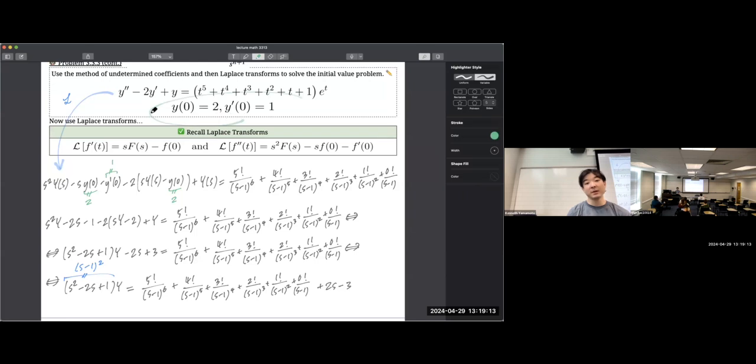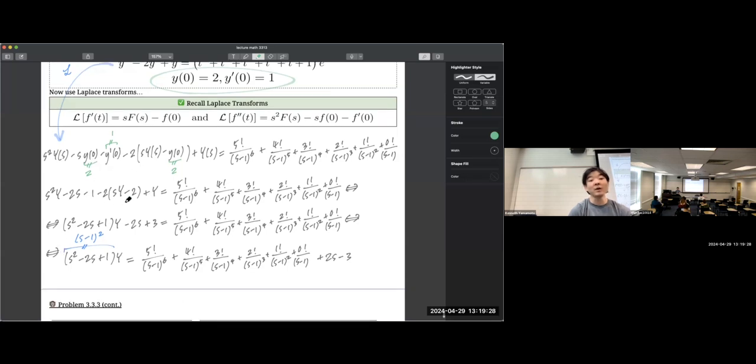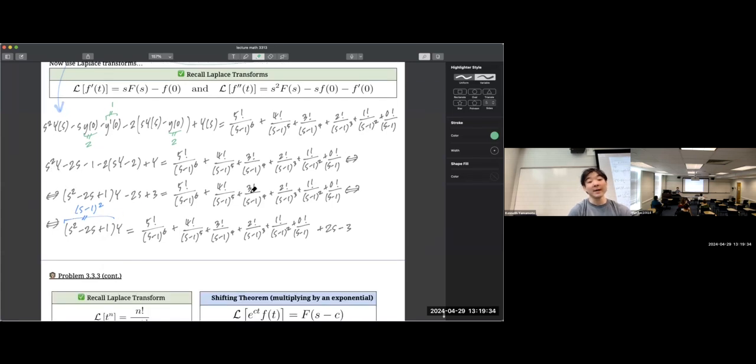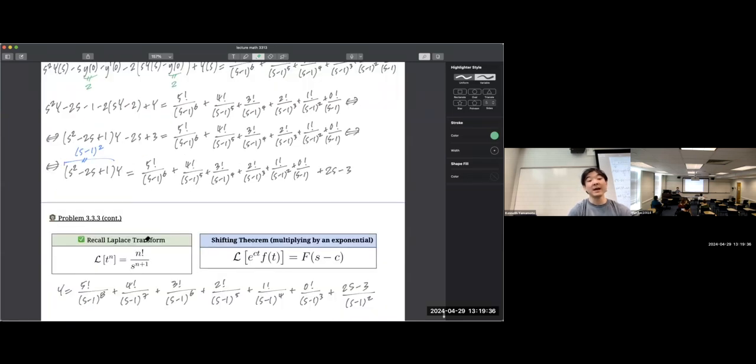That's nice about the Laplace transform: unlike the method of undetermined coefficients, where you apply the initial conditions at the end, with the Laplace transform you apply those initial conditions immediately after you've transformed the equation. So these little y naughts and y primes all become numbers. The only letters remaining are capital Y and S, and then you're just solving for capital Y in terms of S, and we did that.